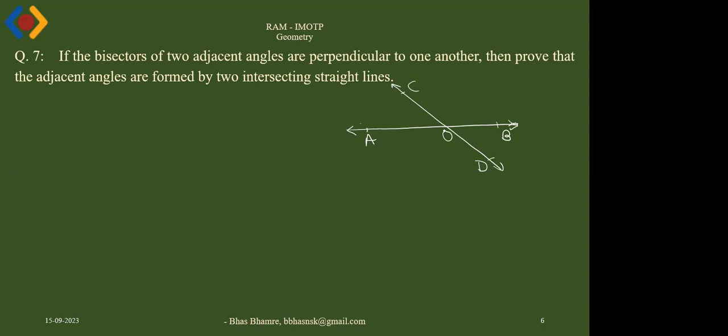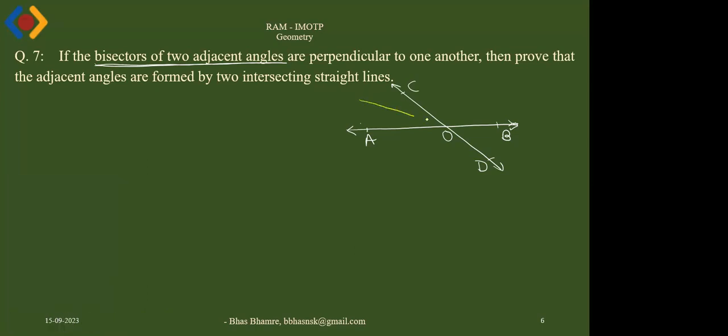It is not necessary to consider both the lines. If I show AOB is a straight line, then we are done. Or if I show that COD is a straight line, then also we are done. Only the thing is which two adjacent angles' bisectors I am considering. So I need to draw the bisectors.